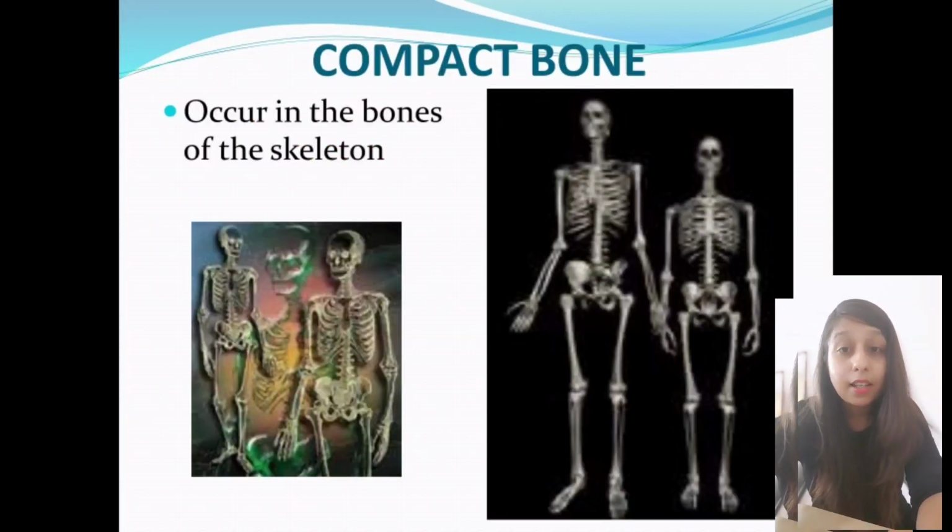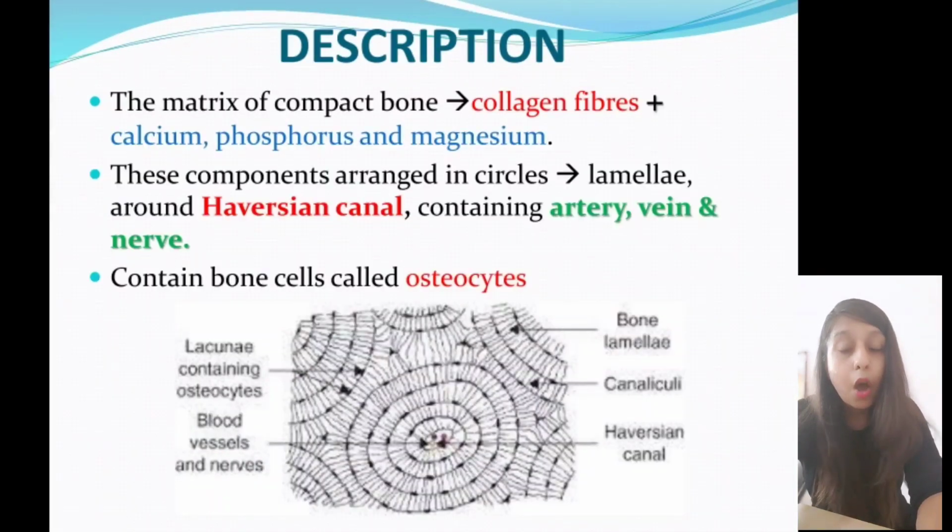Next is bones. Bones are also known as osseous tissue. The matrix of compact bone is made up of collagen fiber plus calcium, phosphorus and magnesium. These components are arranged in circular form, forming lamellae around the Haversian canal containing arteries, veins and nerves.